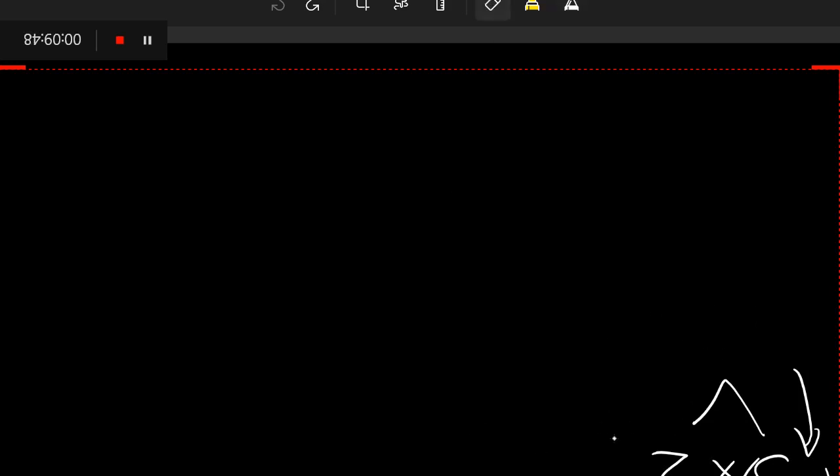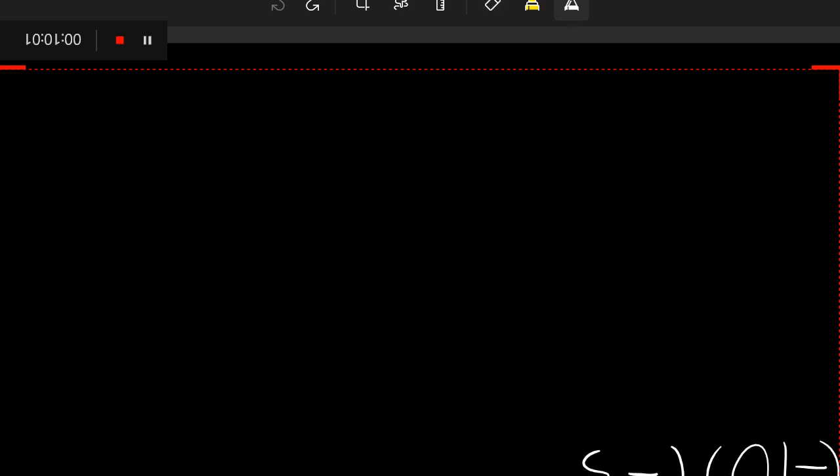Let's do one more. What is negative 10 times negative 5? Notice I have nothing here. This means times, or multiplication. If there's nothing there, we can assume that it means multiplication.